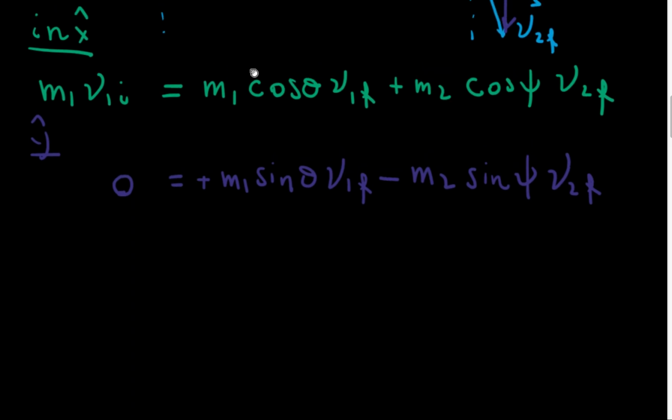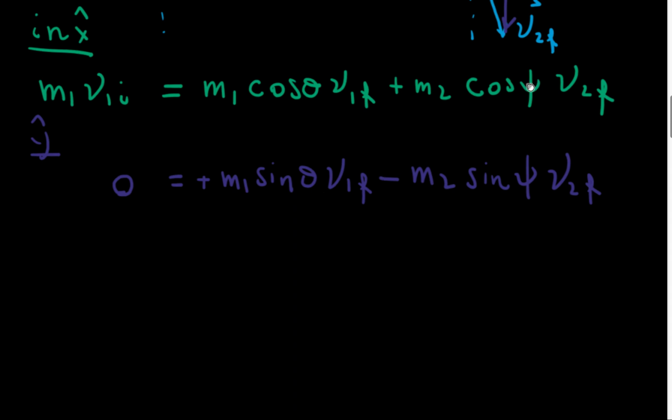Now I'm going to remind you of the things that we do have and don't have here. First of all, do we have mass 1 and mass 2? We don't, right? But what we've said before is that these are billiard balls, and for billiard balls, mass 1 and mass 2 are the same.